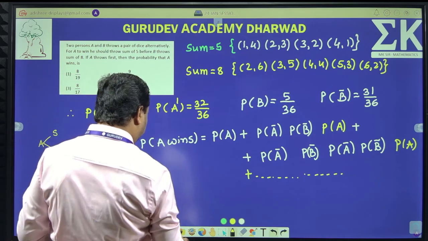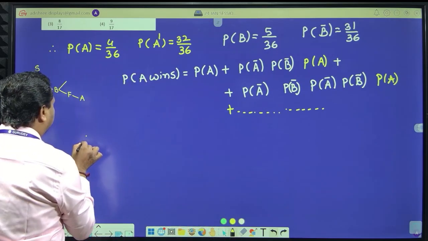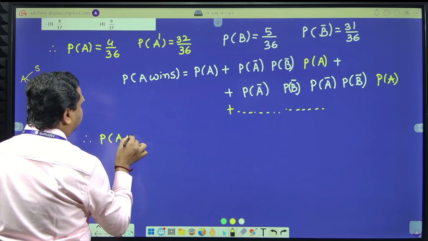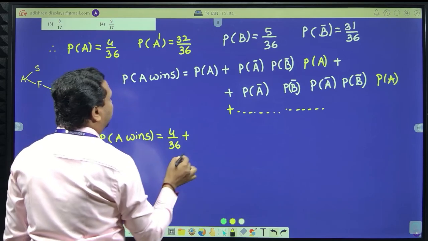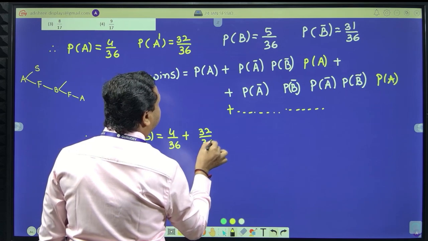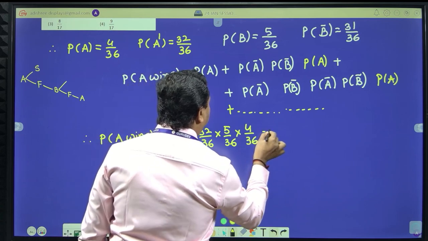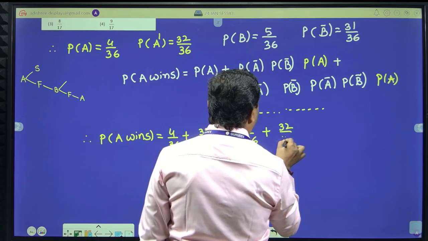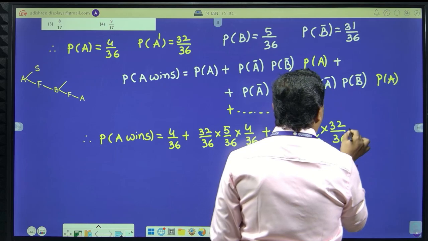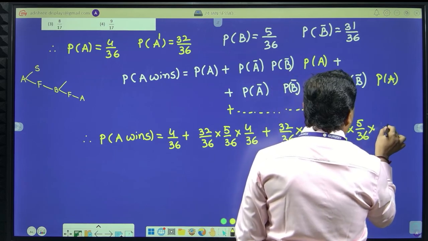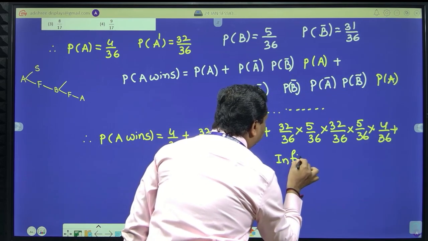So if you observe carefully, this whole expression is, therefore, probability of A wins is equal to, what is probability of A? 4 by 36 plus A complement is 32 by 36, B complement is 31 by 36, into again A wins is 4 by 36, plus 32 by 36 into 31 by 36 into 32 by 36 into 31 by 36 into 4 by 36, plus so on up to how many times? Infinite times.